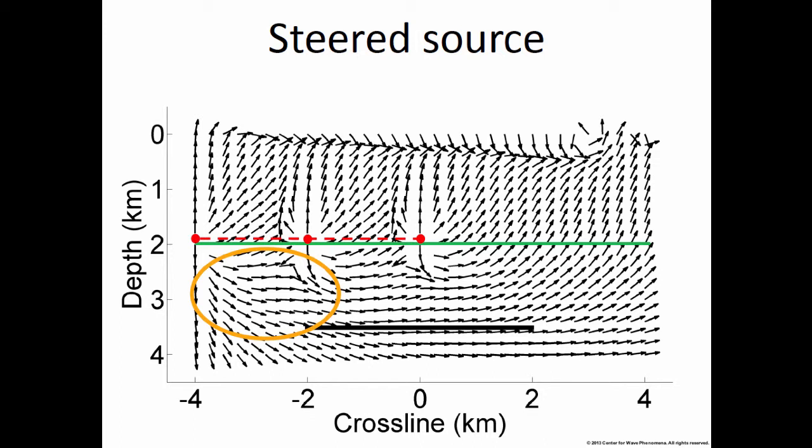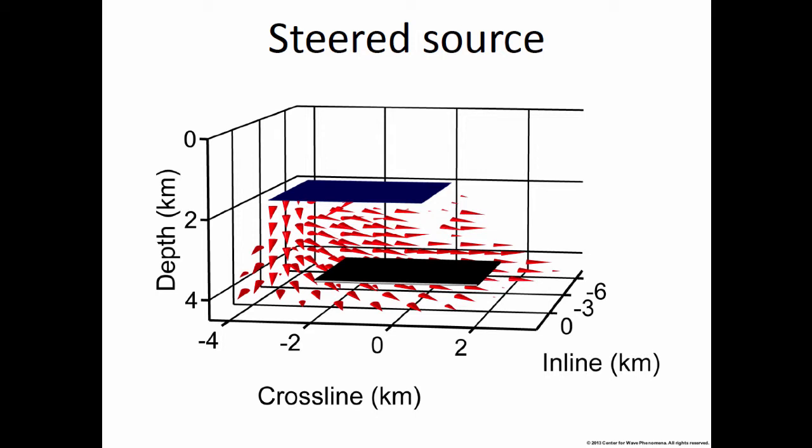Because we have all three components of the electric and magnetic field, we can also look at the Poynting vector in 3D. So this is the 3D time-averaged normalized Poynting vector. And here I'm just showing the downward going energy, so you're not seeing the water layer here.